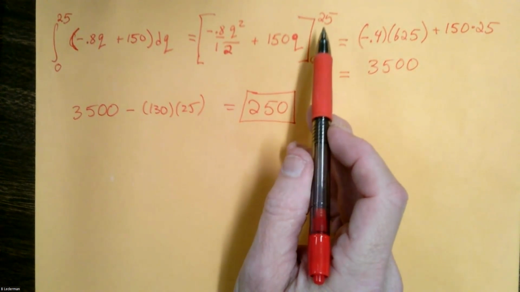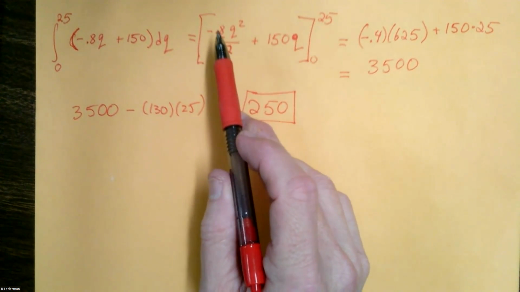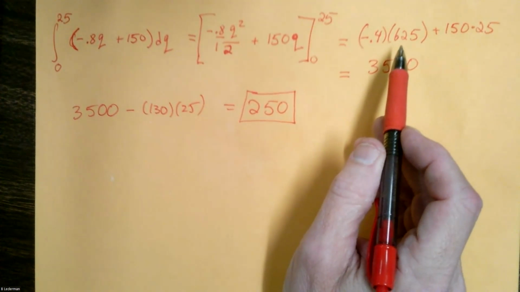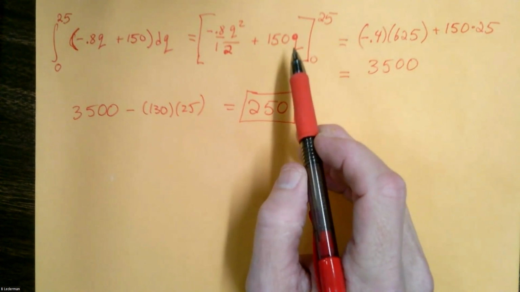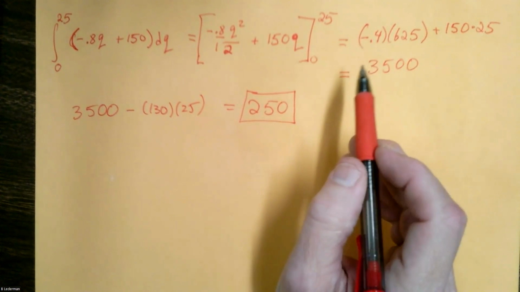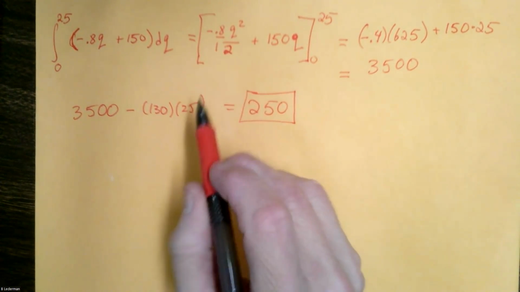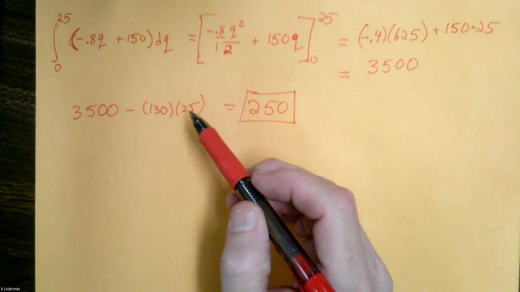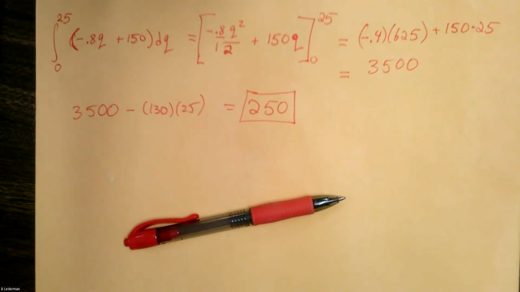But when I plug in 25, I get negative 0.4. Why 0.4? Because 0.8 divided by 2 is 0.4. Times 625 plus 150 times 25. I'm plugging in 25 for Q. That comes out to 3,500. But if you remember, it was that integral minus 130 times 25, and that comes out to 250. So that's where the first integral comes from.